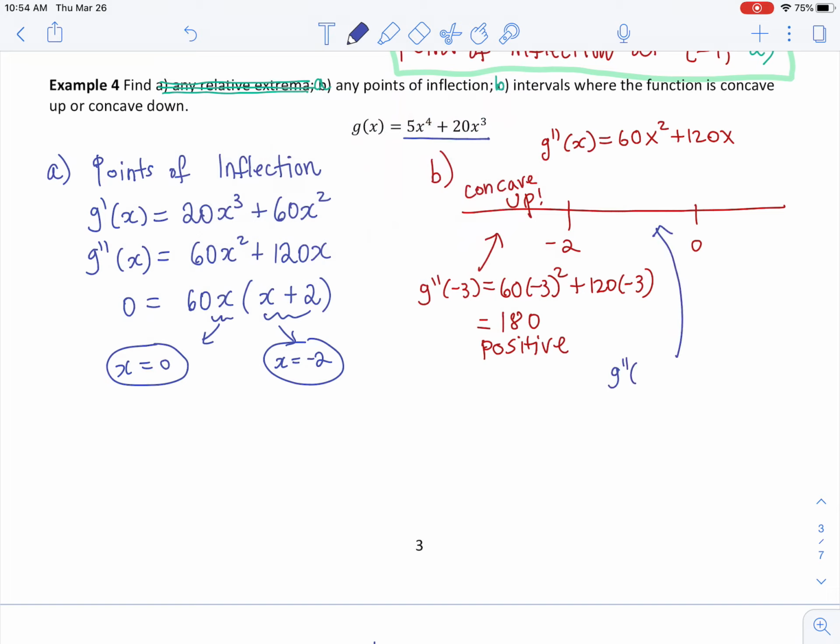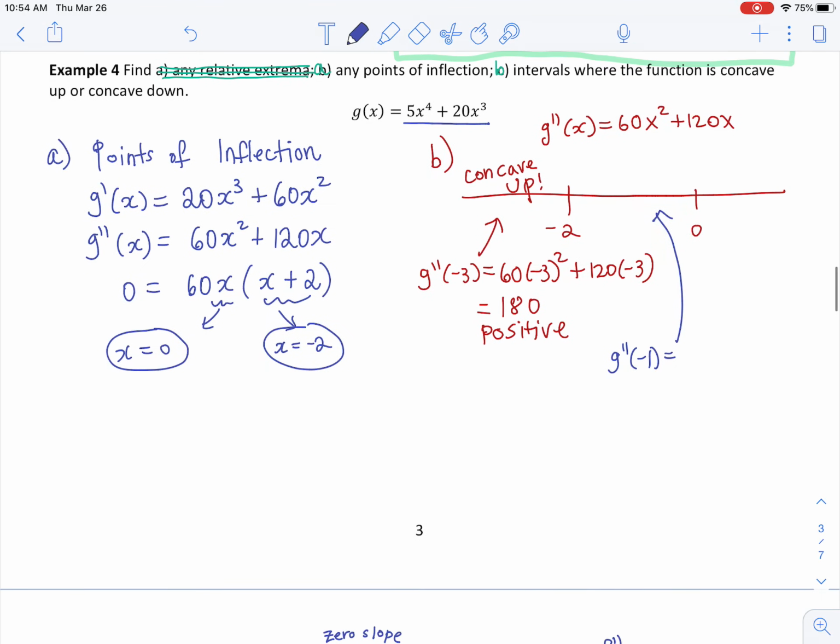All right, let's check the region in the middle. I should be able to plug in g double prime of -1, because -1 is in between -2 and 0. If I plug in -1, I'll get 60 times -1 squared plus 120 times -1. That's going to be -60.